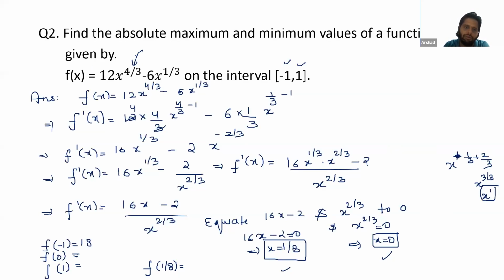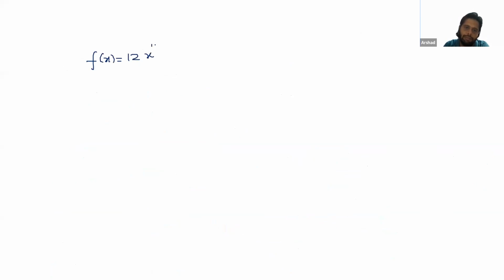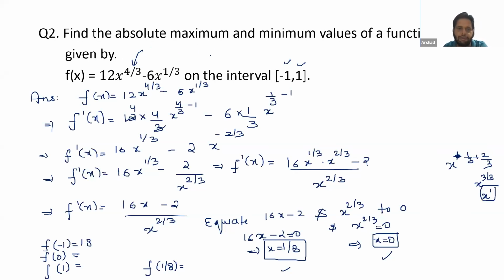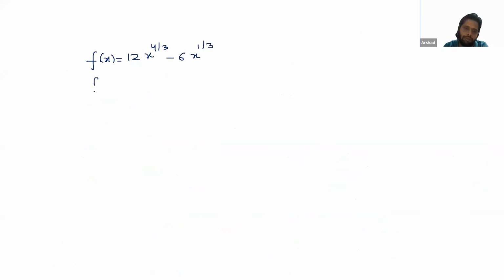So we have f(x) equal to 12x to the power 4 by 3 minus 6x to the power 1 by 3. Now we need to put x equal to -1 here. So you will get 12 into (-1) to the power 4 by 3 minus 6 into (-1) to the power 1 by 3.